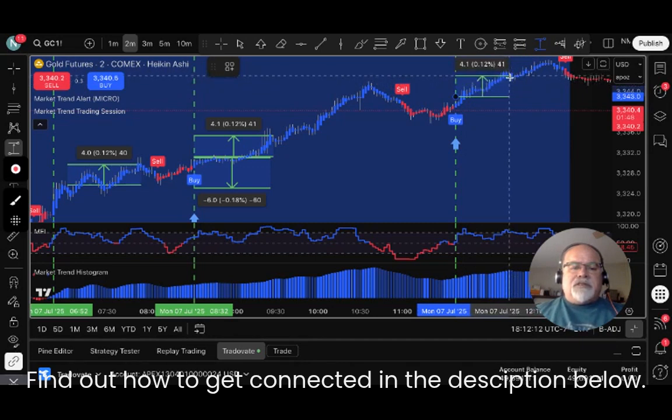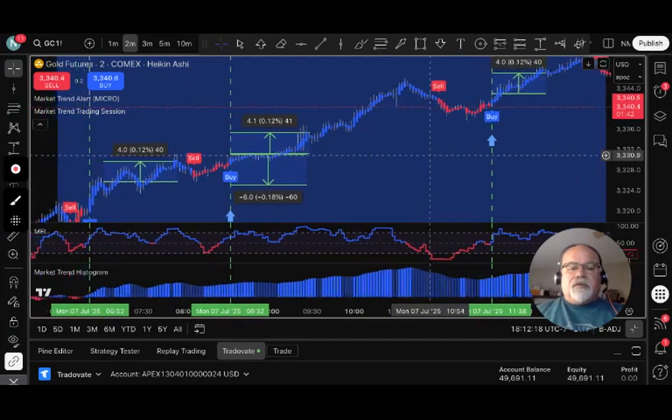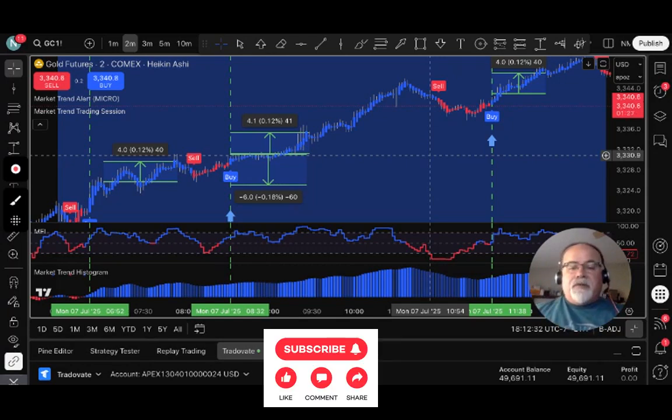What you can really see here is basically on gold today, there were 3 great trades, 40 ticks or 10 points. You make your $400. That's what I'd like to make in a trade, $400 to $600. Okay, and I'm done. If you look at each one of these, this is 3 for 3, 100% on gold.